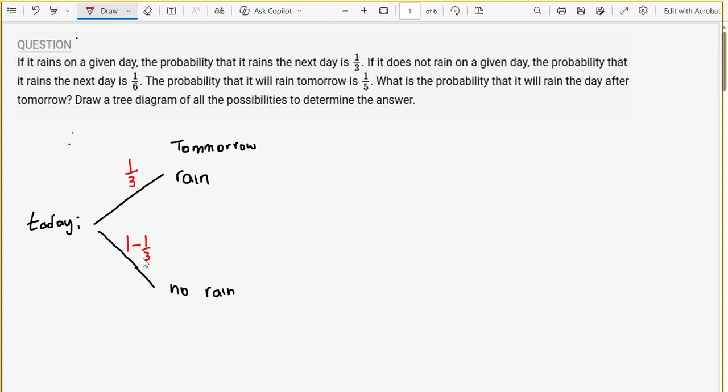Therefore, what do you get? Do you have your calculator with you? Yes, sir. I'm going to need your help just for us to move fast. What is 1 minus 1/3?